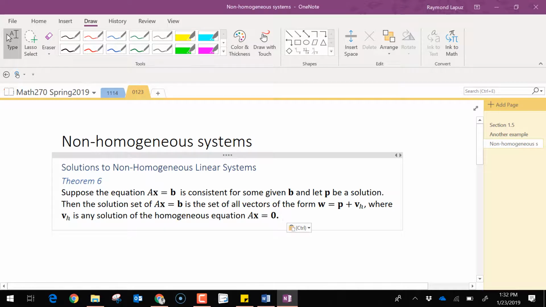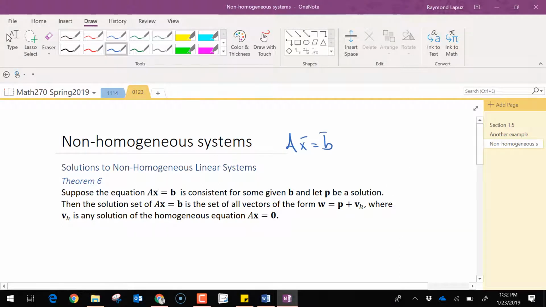So a non-homogeneous system is a system that looks like AX equals B, where B does not equal 0. So if you have a system AX equals B where B is not equal to 0, then you have a non-homogeneous system. So you got the difference between homogeneous and non-homogeneous.